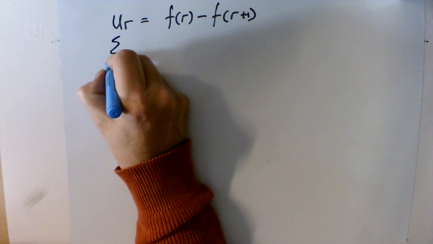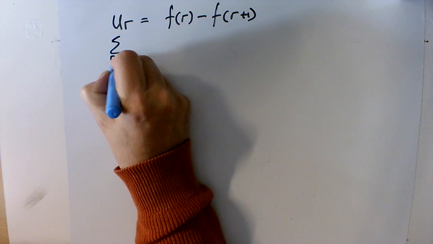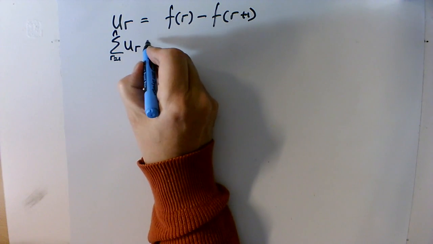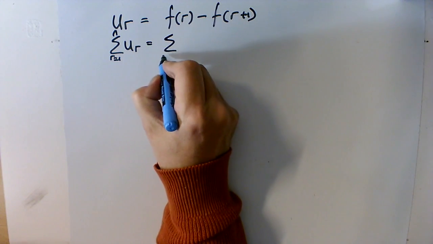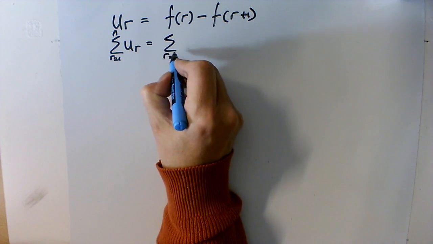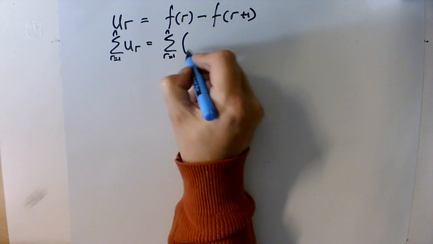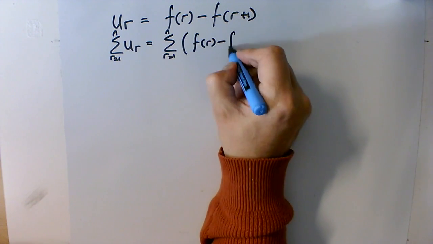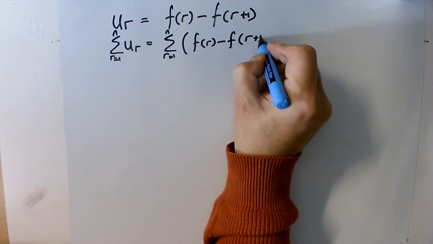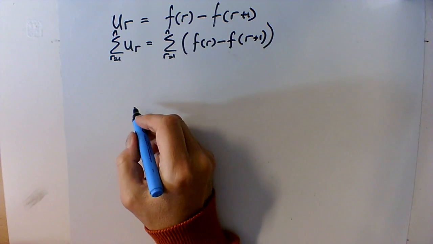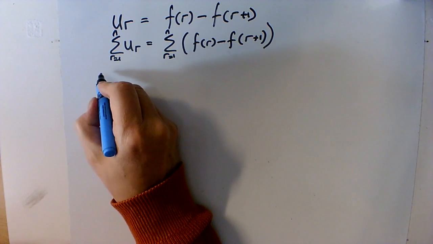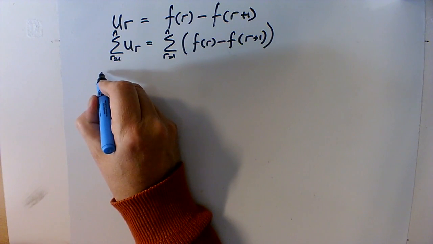So if that's the case, then the sum from r equals 1 to n of u r is just the sum of that function, isn't it? f of r minus f of r plus 1. So let's write out the terms for some of these values.